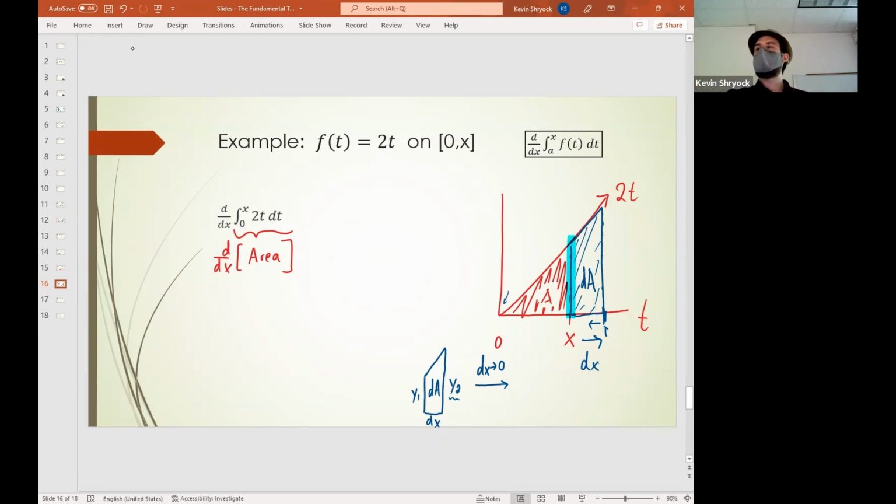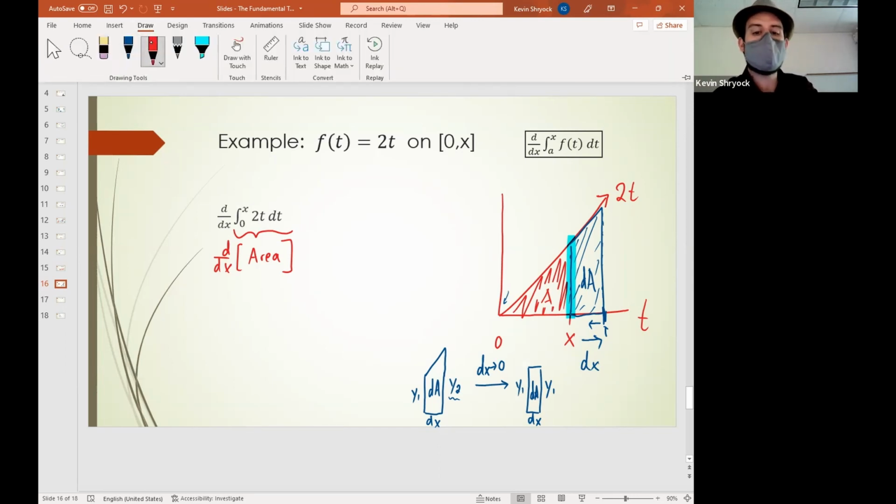It approaches y1, right? If I'm making that area skinny, then the y2 hits the y1. So this right here is what it's going to get closer and closer to, where this y1 value doesn't change, but this other one gets pretty close to y1. And that makes a more accurate drawing for dx and dA. So it's this idea of saying I'm bringing it in. All right. So I've got an understanding of the picture that's supporting this.